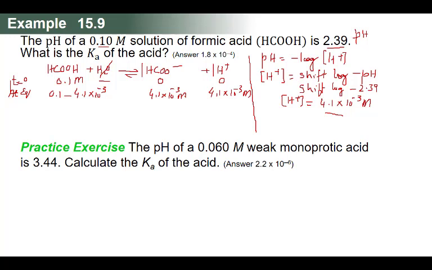And now we can write the equation for the Ka, because we have all 3 concentrations, 2 products and 1 reactant.